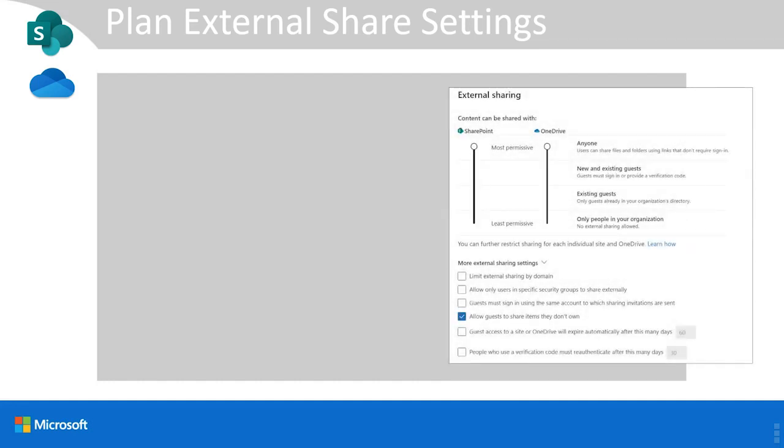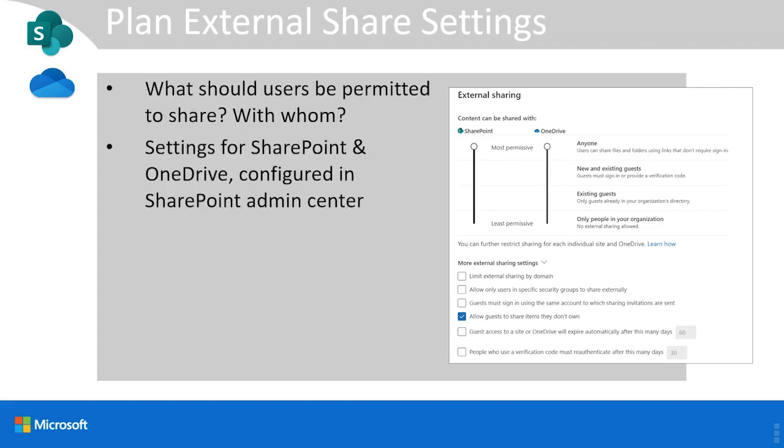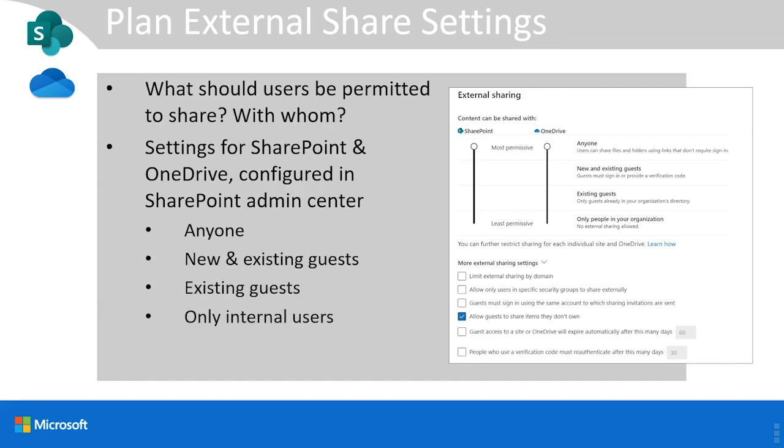The external sharing settings in SharePoint and OneDrive give the admin a good amount of control over how content gets shared, so admins can decide who should be allowed to share what and how. Sharing settings are configured via the SharePoint Admin Center and allow you to permit sharing to anyone, new and existing guests, only existing guests, or only internal users, along with a number of additional refinements.